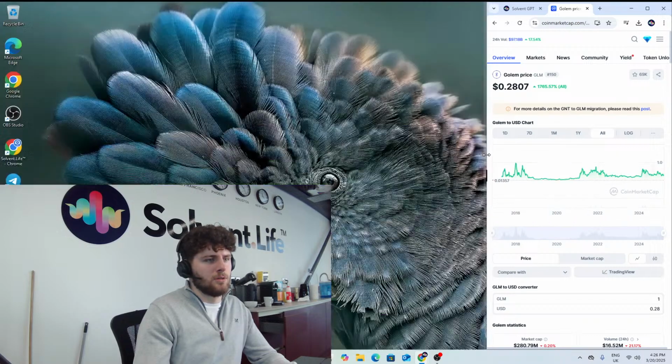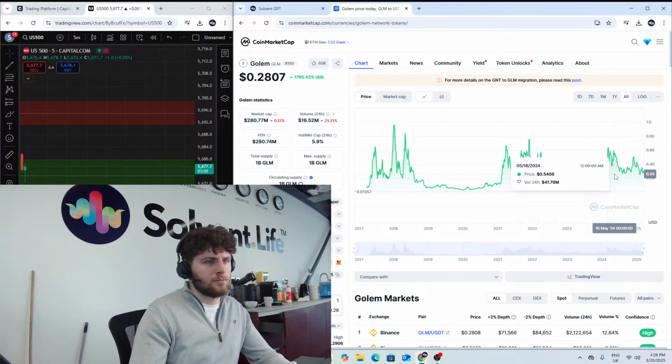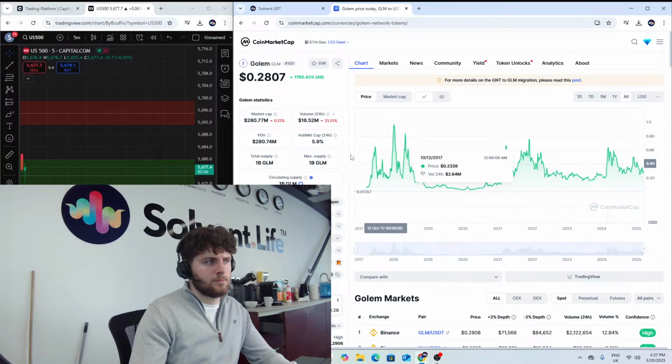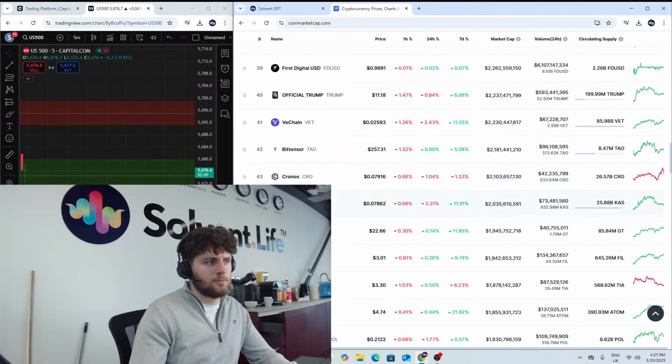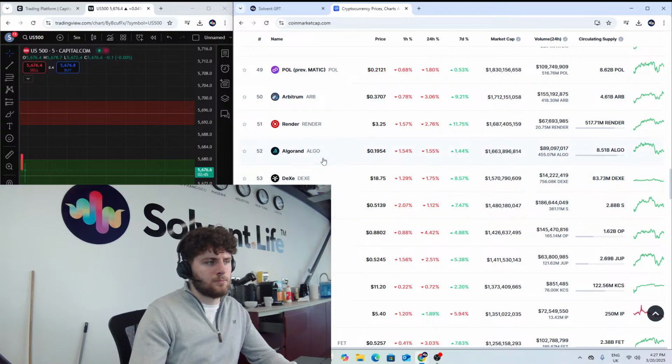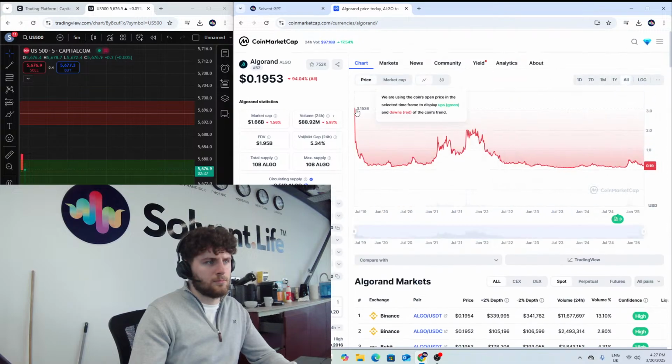So this is an interesting coin. Golem. 2018 reached almost $1 here. It's a good one. So launched in 2019.